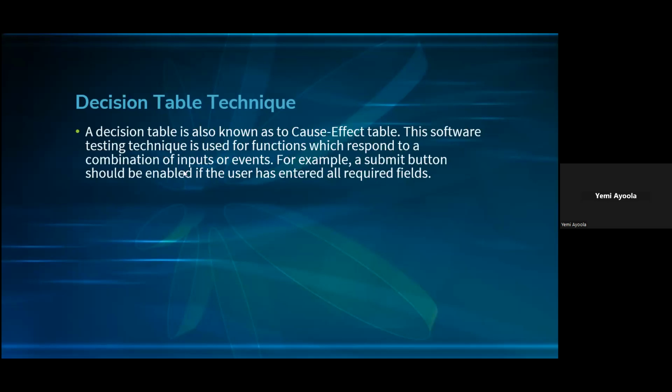If you're filling an application, once you open the form on your GUI, on the website, on your laptop or on your phone, you're trying to fill a form. The first thing before you start filling, you will see that the submit button is grayed out. We are going to see an example when we start. It will be grayed out.